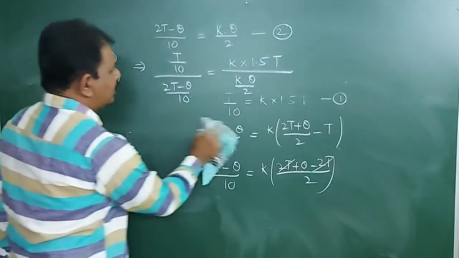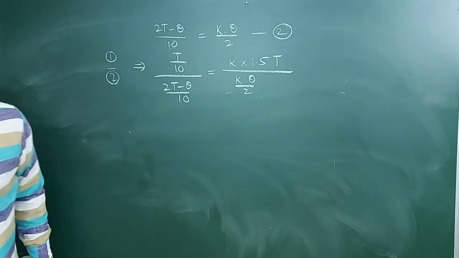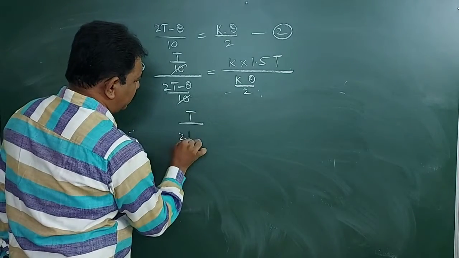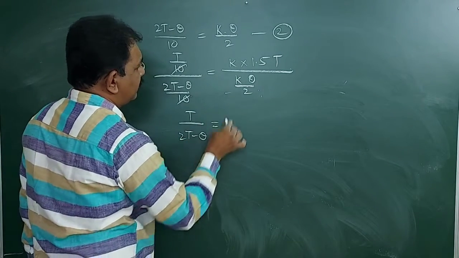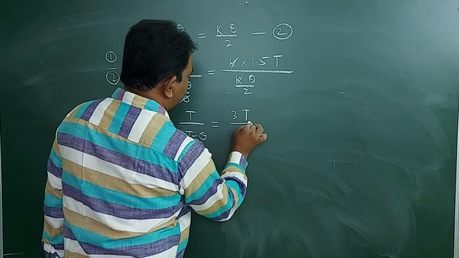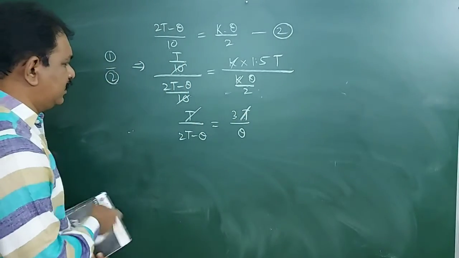Then calculate. The 10 will cancel, T by (2T minus theta). K will cancel. The 2 will go to the numerator. 3T by theta. T will cancel.